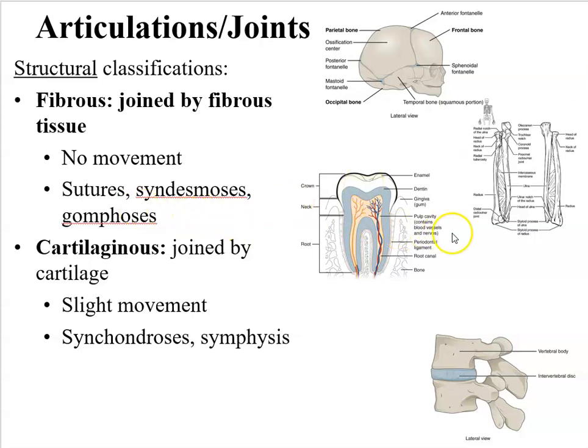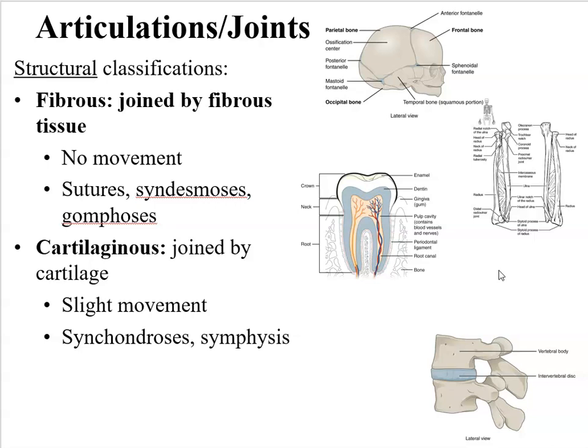Syndesmoses are broader sheets of fibrous connective tissue that join two bones together. This permits a little bit more wiggle room. Examples include the interosseous membrane that holds the radius and ulna together. The tibia and fibula of the leg are held together in a similar way.